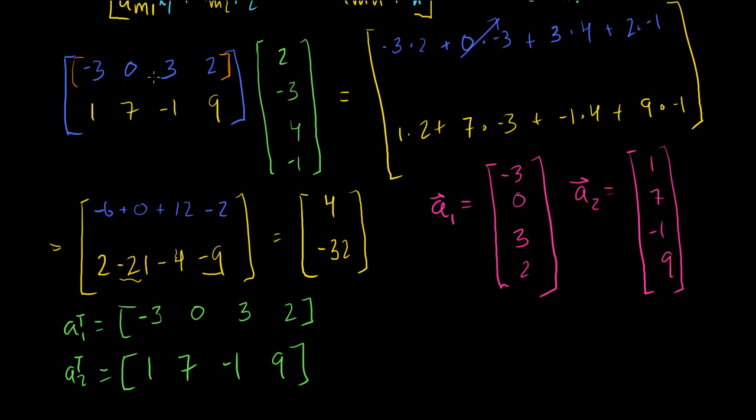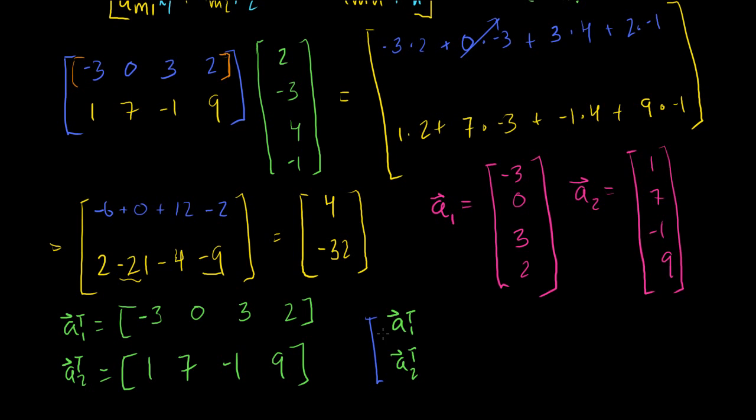And then this multiplication right here, we can rewrite this matrix as vector A1 transpose for the first row, and A2 transpose for the second row. These are now row vectors. The transpose should be the superscript.